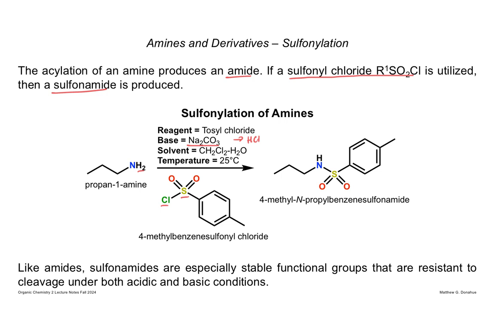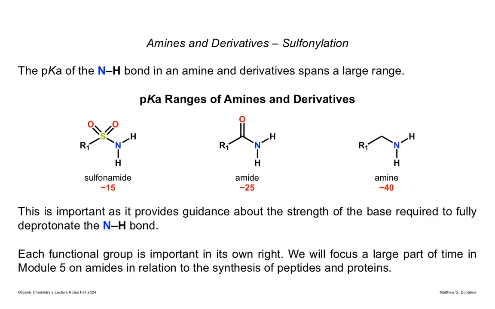And so let's look at the pKa ranges of these different amine-based NH bonds. So we saw that a regular amine, just an NH bond, is a pretty weak acid with a pKa of 40. If you form an amide, that drops that NH down quite a bit, 15 pK units to 25, so it's more acidic.